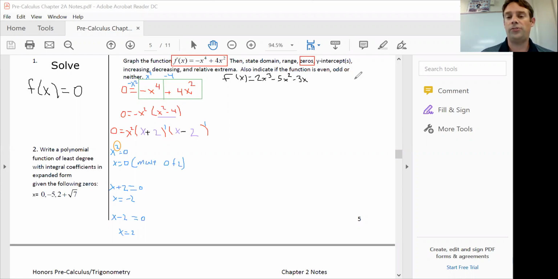And why don't you guys also tell me the zeros for, let's try f of x equals, let's go x cubed, that could be fun, plus, oh, let's try 4x squared minus 9x minus 36. All right, friends, go ahead and solve it.